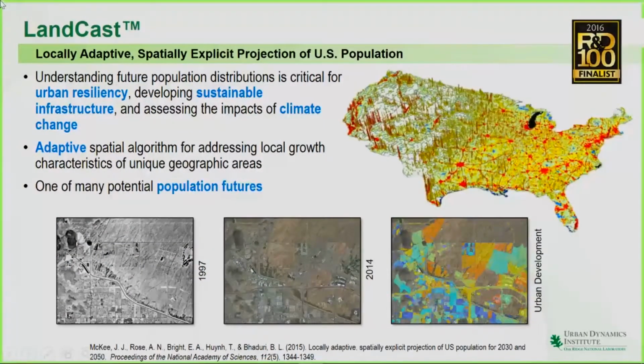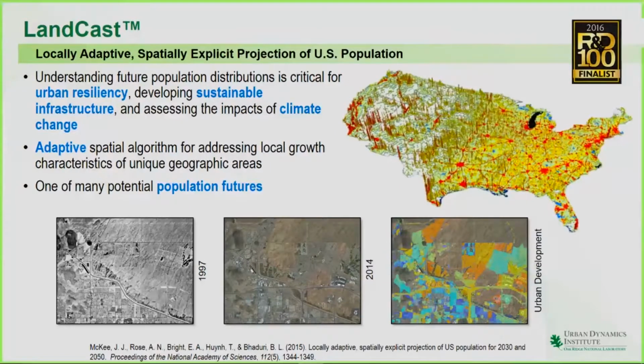So LandCast is basically some tangential research that really spawned from LandScan and LandScan Global. But instead of looking at the current population distribution, LandCast actually projects that population distribution into the future.